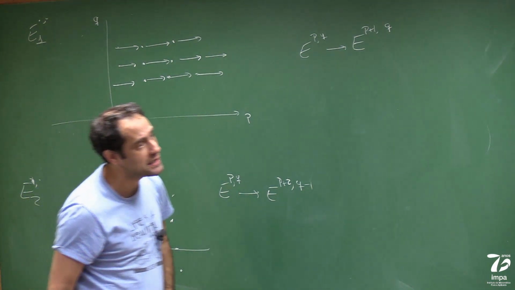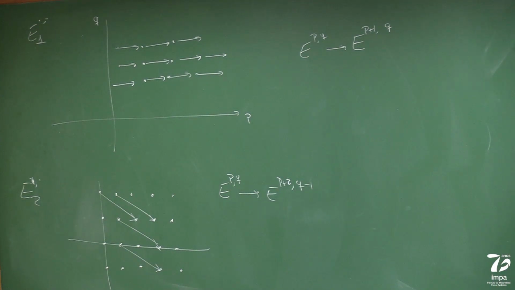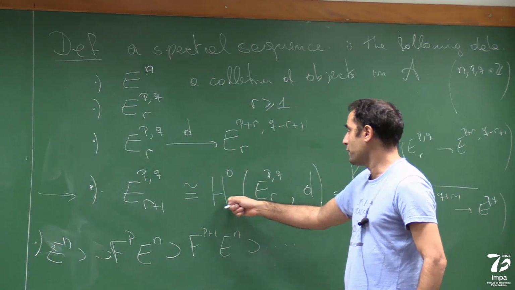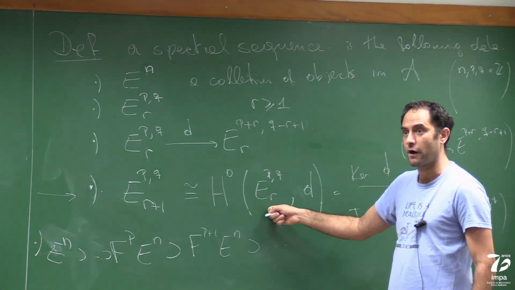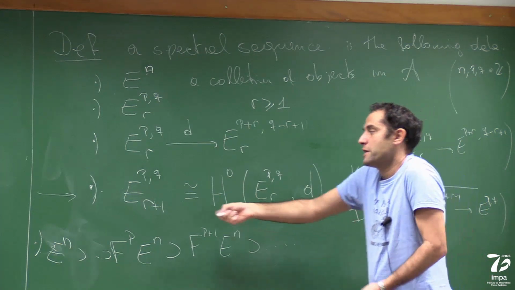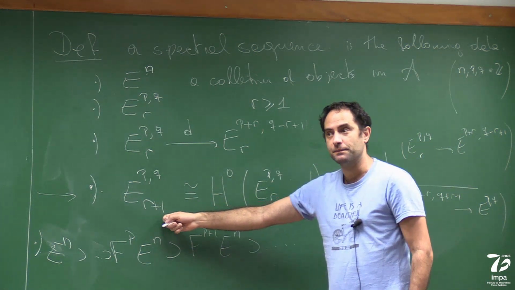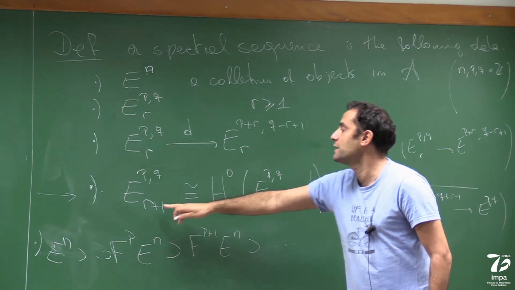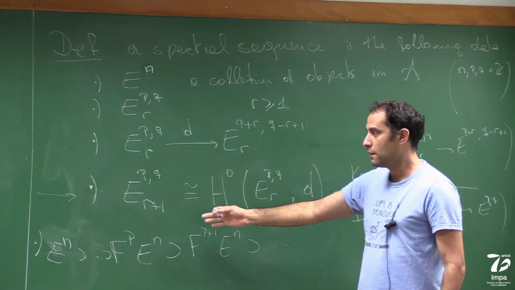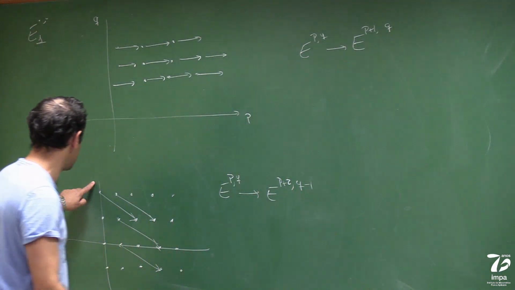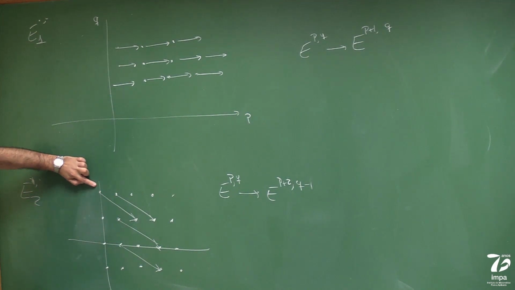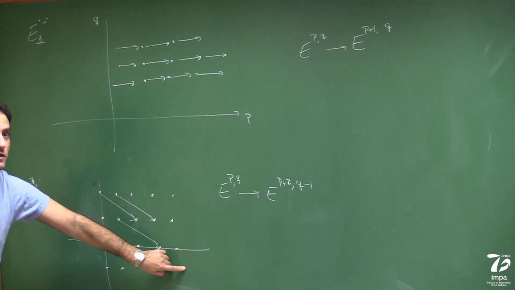And once I know that the differential is 0, because of these isomorphisms in the definition, the homology of a complex is the complex itself. So E_{r+1} is going to be isomorphic to E_r, and then E_{r+2} is isomorphic to this one. So it stops. These pages become all the same after a certain degree if the differentials are 0. And again, the conditions I asked for were that the differential was coming from 0, and the image of the differential was 0.